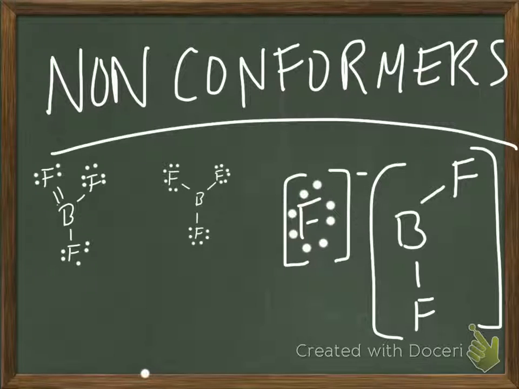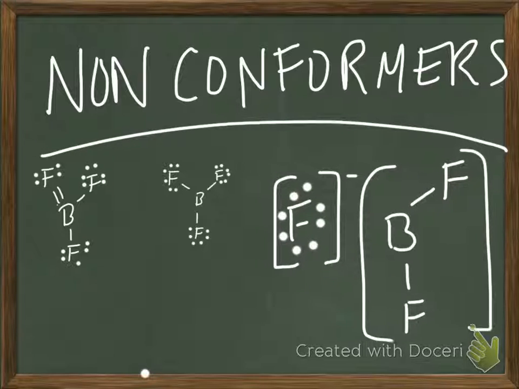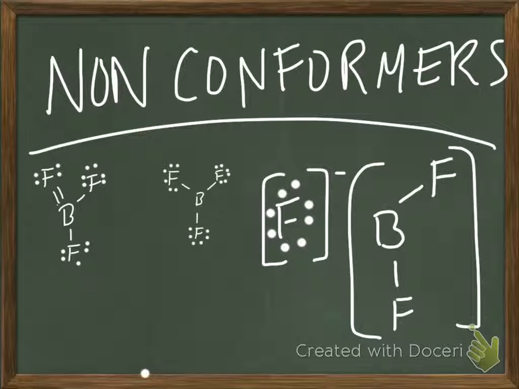I didn't leave myself enough space. And then you have something like this, where it behaves sort of as though this is a polyatomic ion bonded to a fluorine ion. So we've got 3 possible options for structure, and they're all weird, and none of them satisfy the octet rule.